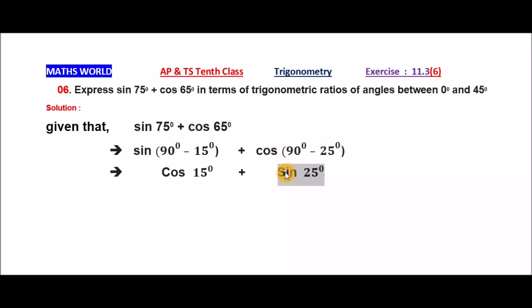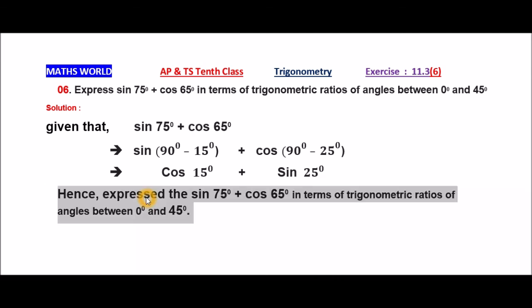Okay, we got cos 15 degrees plus sin 25 degrees. Hence, we expressed sin 75 degrees plus cos 65 degrees in terms of trigonometric ratios of angles between 0 and 45 degrees. 15 degrees and 25 degrees, both of them are in between 0 degrees and 45 degrees. This is the answer.